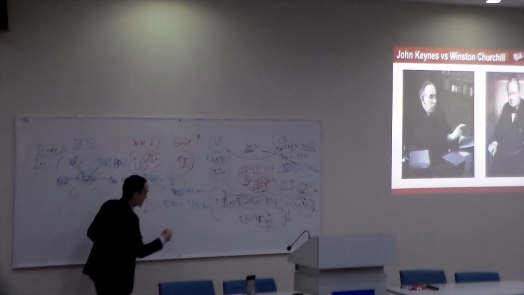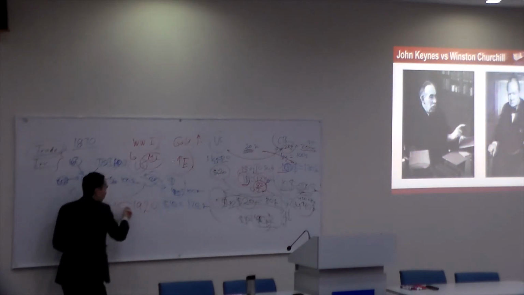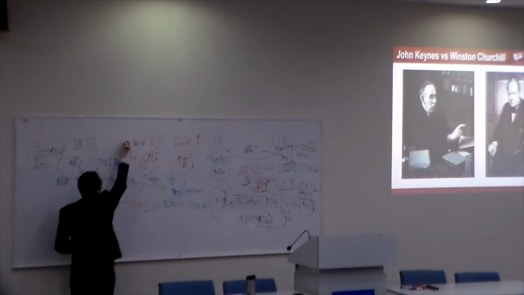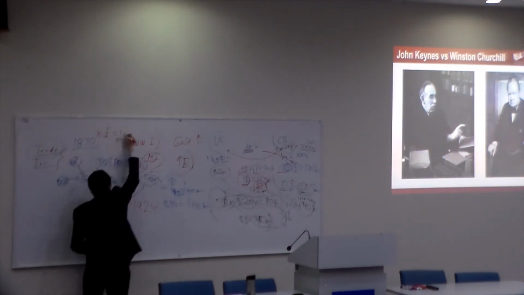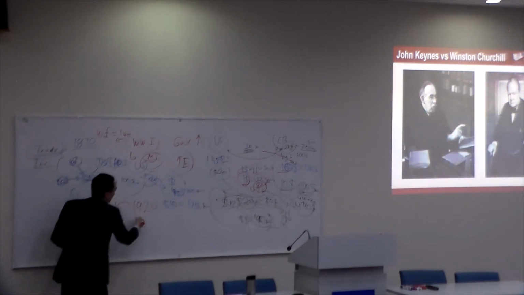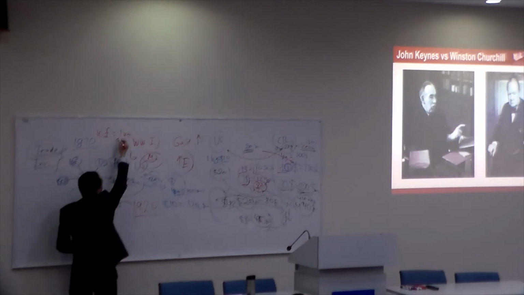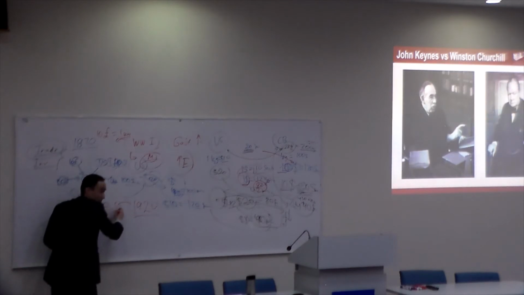And what he was suggesting at that time, let's suppose before World War I, 10 pounds could buy 1 kilogram of gold. But in the 1920s, 1 kilogram of gold was equivalent to 100 pounds. That much inflation.